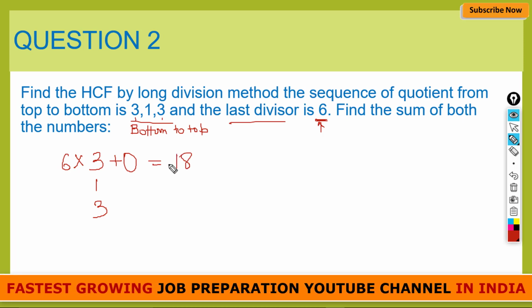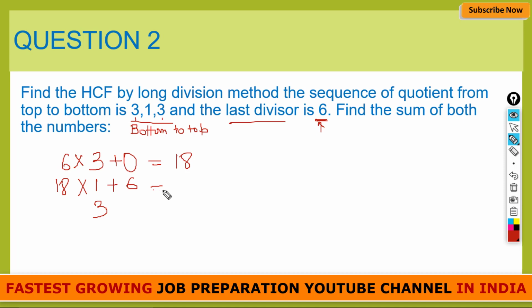So this 18 will be multiplied with this quotient, because this is the divisor of the previous one. And the remainder was 6, then only it became the divisor for the next one.